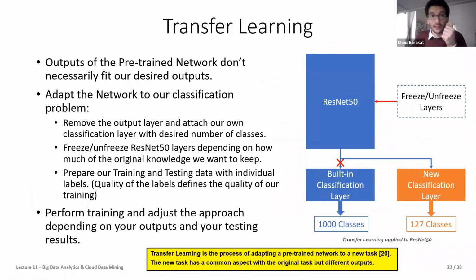As a refresher, transfer learning is the process of taking a network that is pre-trained, adjusting the classifier, and then training that new classifier on a different problem than the original problem the network was created for. In our case, ResNet 50 was created for the 1,000 classes of the ImageNet database. But in our case, we only care about the 127 classes that we care about.